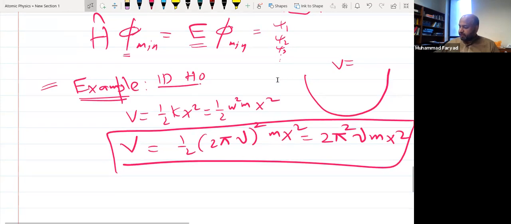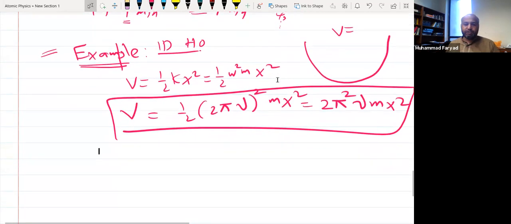We are taking this problem simply because we already know the solution. So the method will convince us that this indeed is the method that works.